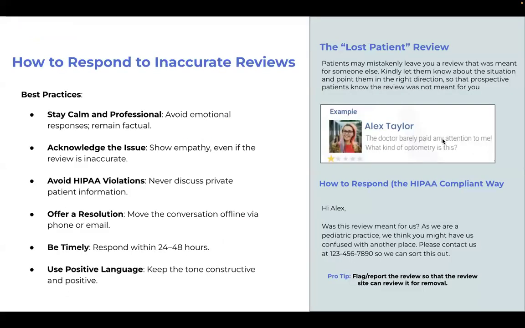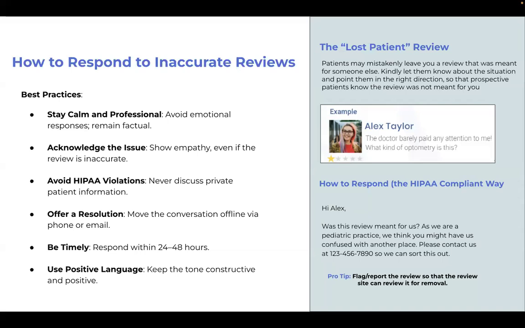And now you'll also want to respond to inaccurate reviews. It's important to follow the best practices to protect your reputation and manage the situation effectively. Basically, you do want to do this because while online review sites are addressing your complaint about those inaccurate reviews that you possibly flagged for removal, the review is still going to be appearing online.